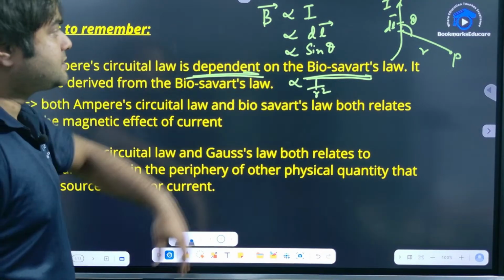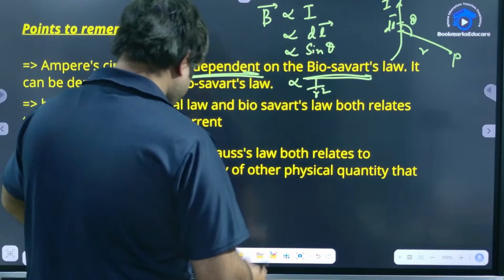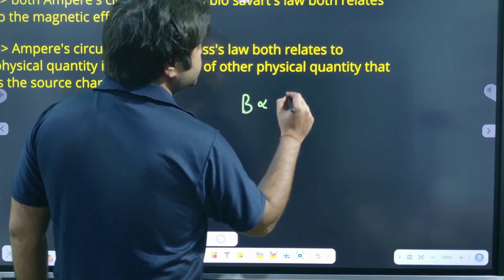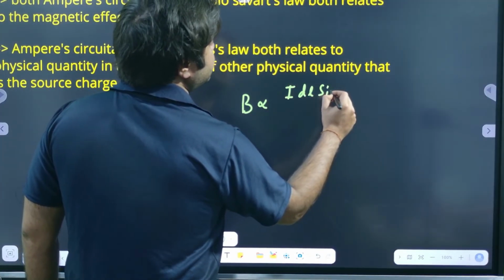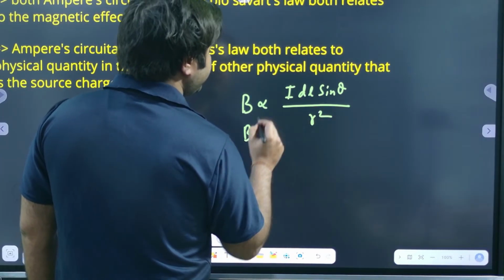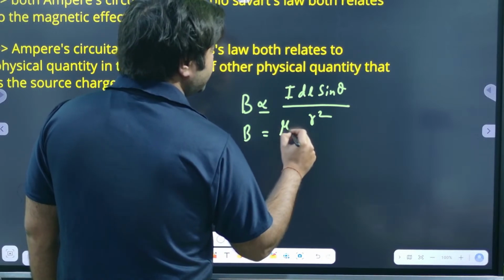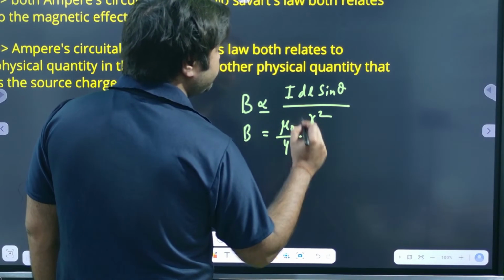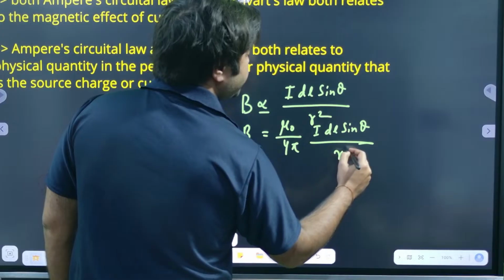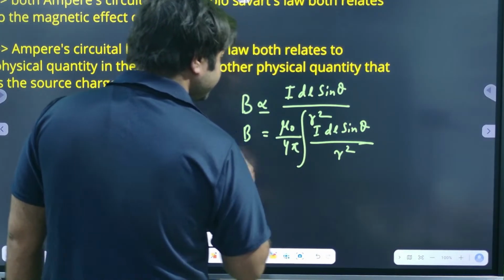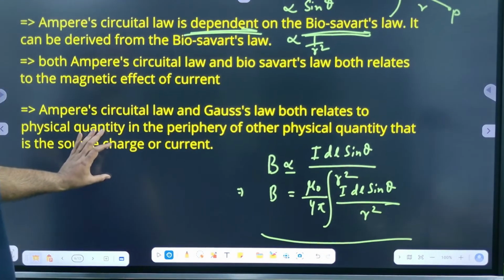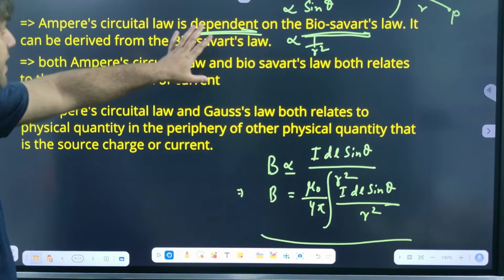So if I combine this, I get B proportional to I dl sin theta by r square. And if I remove the proportionality, the constant will appear, that is mu naught by 4 pi, I dl sin theta divided by r square. Taking its integration, that is basically your Biot-Savart's law. So your Ampere's Circuital Law is dependent on Biot-Savart's law.